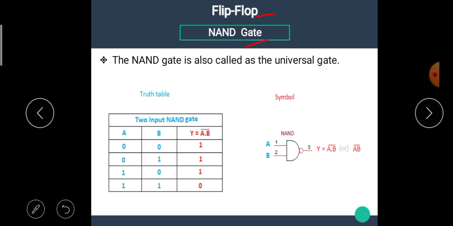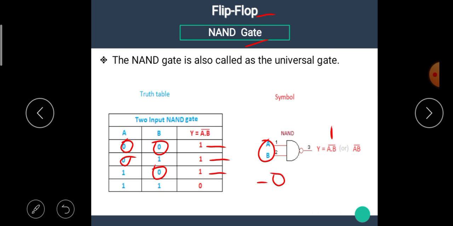If we see the truth table of the NAND gate, then we can see that if any one input of the NAND gate has value 0, then its output is 1. Here input is 0, hence output is 1. Here input is 0, hence output is 1. That means if any one of these inputs has value 0, then its output is 1.